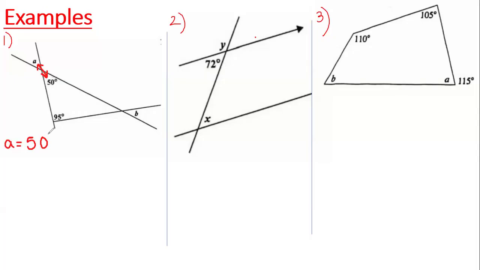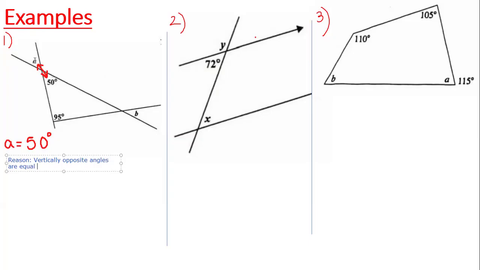Cordell, where's Cordell? Yes, sir. What is A equal to? 50. Good. What's the reason? It's equal to 50 because vertically opposite angles are equal.